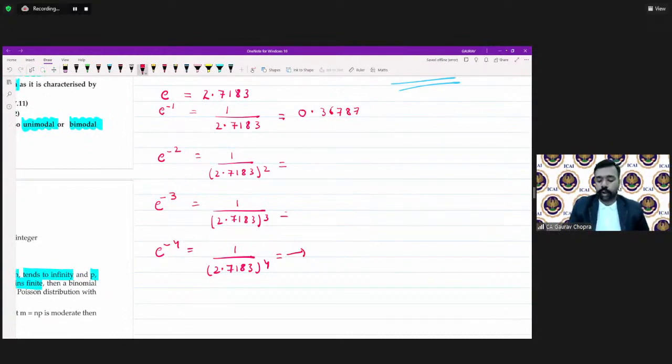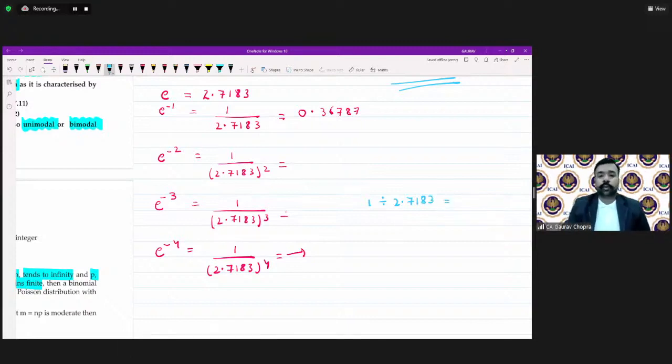First of all, check your calculator screen. There should be nothing in the memory. The screen should be empty. The M sign should not be there. If there is an M sign, just remove it. Then what you have to do? 1 divided by 2.7183 equal to.